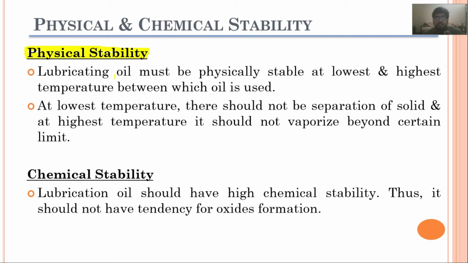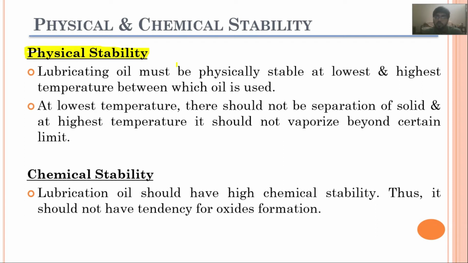By physical stability, it means that the lubricant oil is made up of many components. It may have some mineral oil, it may have some fatty oil, and it also includes some additives, and they are all combined together to form the lubricating oil.